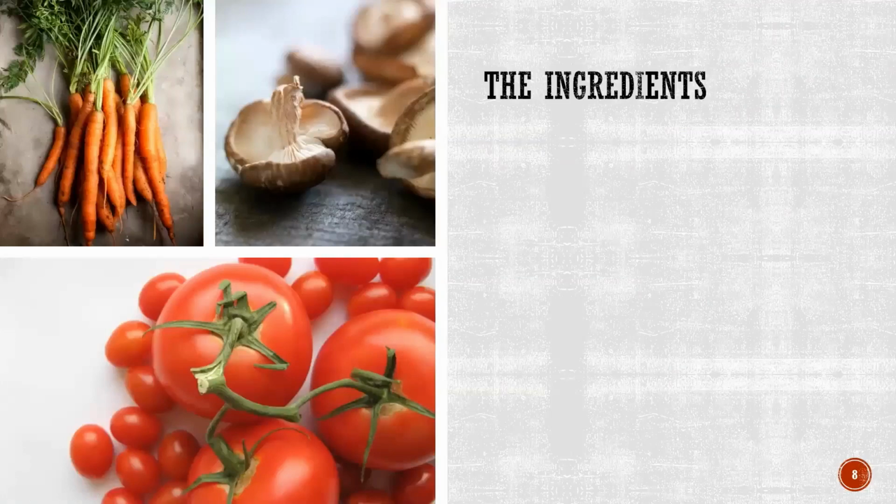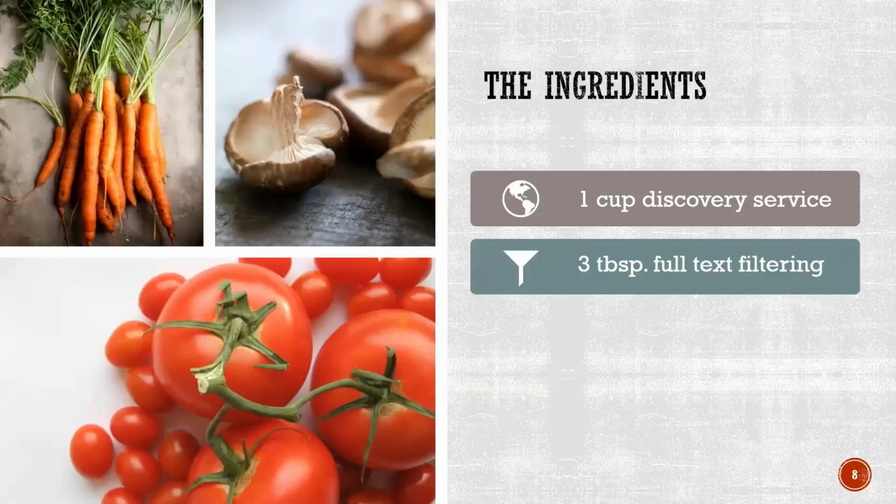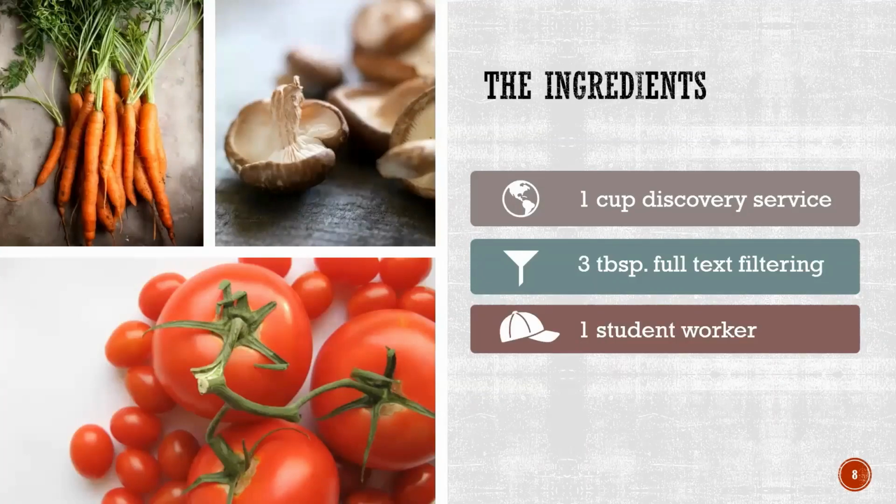Its only functional requirement is a web scale discovery service with a relatively precise awareness of what content is available to your users in the form of the kind of full text filter we're all, I think, very familiar with. And I'm going to talk more about these two specific requirements a bit later. And also, in addition to these two factors, as with so many things in life, it's also helpful if you have a student worker who can assist with gathering the data.